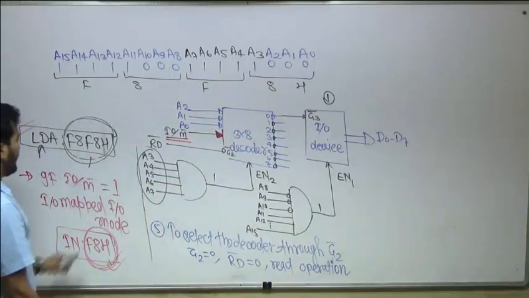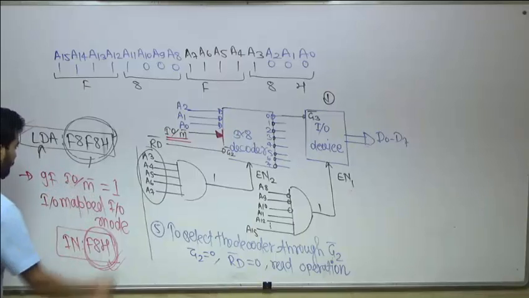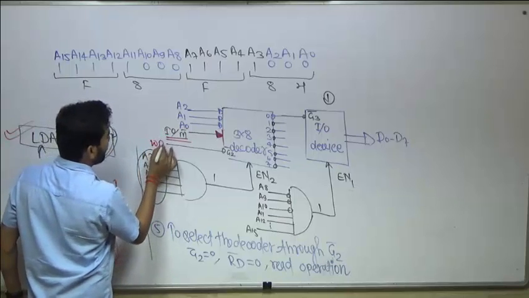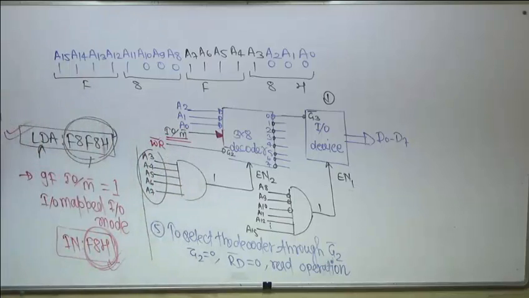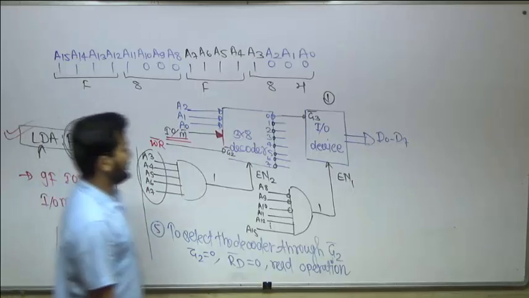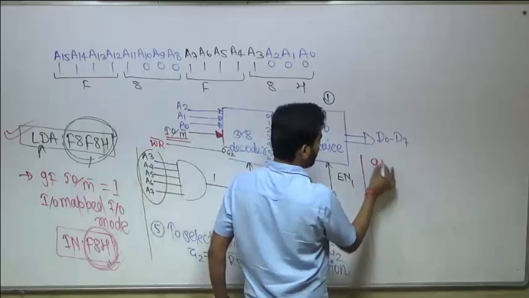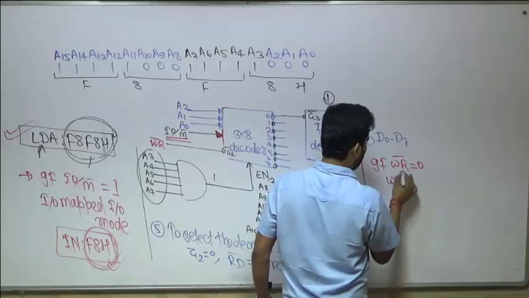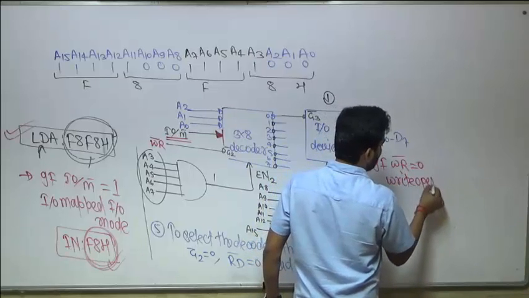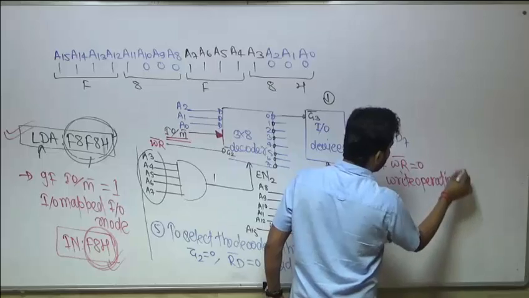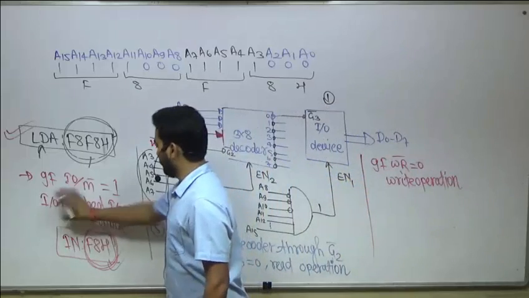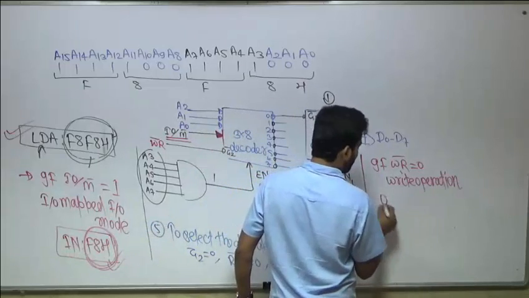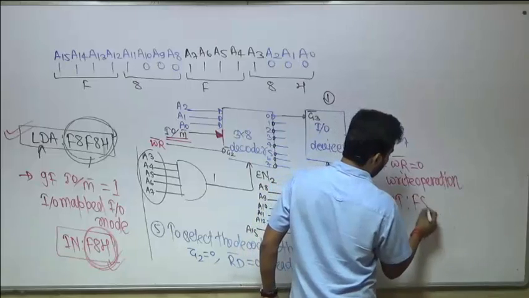Now, in IO mapped IO mode, if instead of read bar this is write bar, then it will be a write operation. The correct instruction in IO mapped IO mode for read operation is IN F8H, and for write operation it would be OUT F8H.